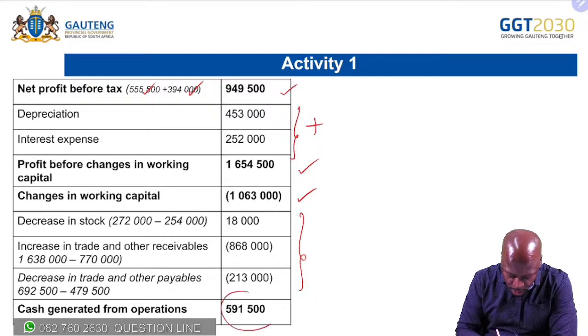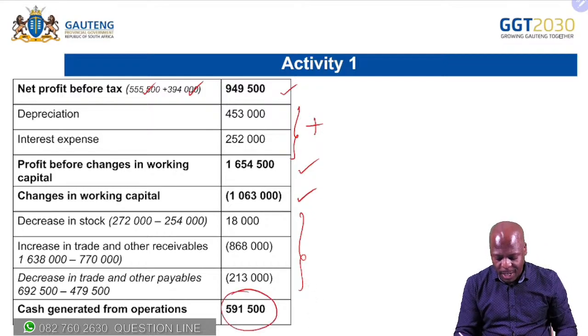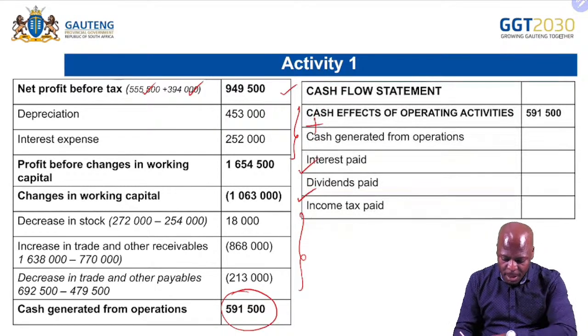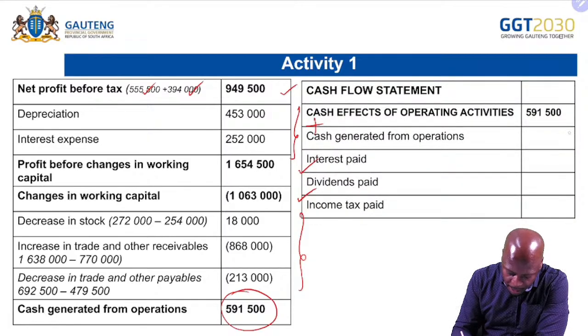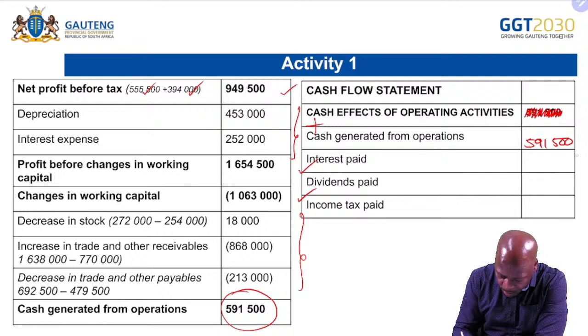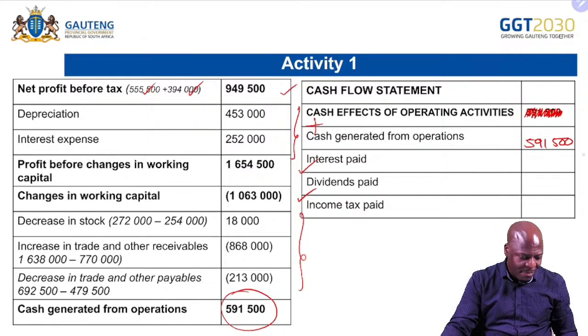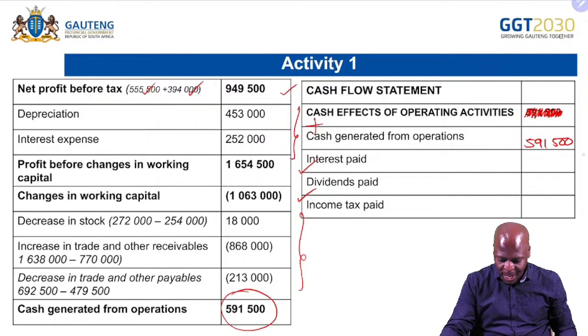And then I come up with 591,500, which will then appear in my cash flow statement under my cash generated from operations, which is 591,500 over here. Not up there, it should appear down here with my 591,500. Cash generated from operations.